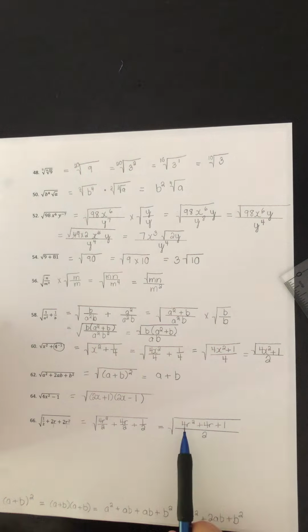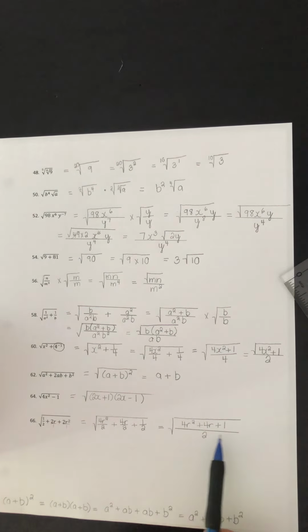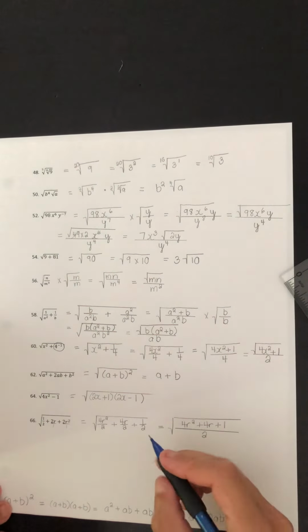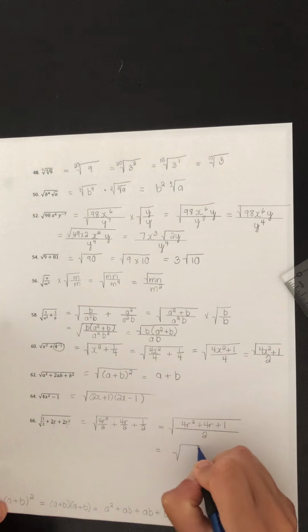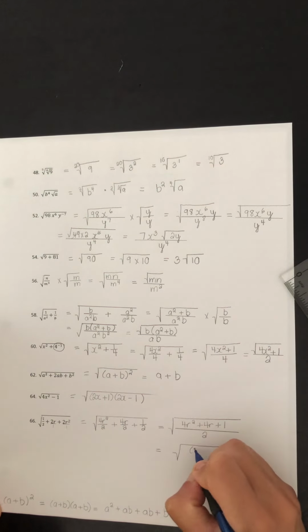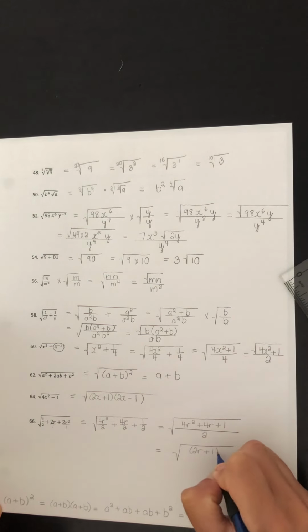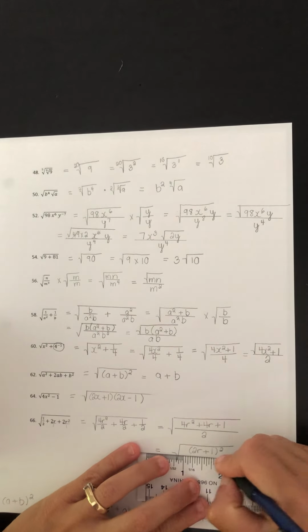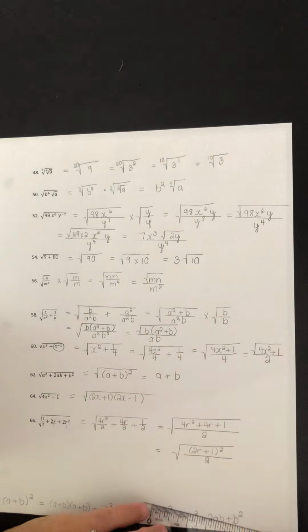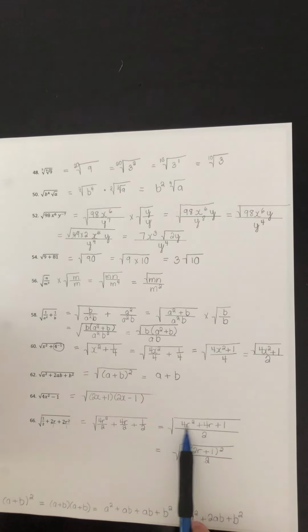Okay, now this trinomial can be factored, and it certainly is a perfect square. It is 2r plus 1 all squared. Okay, so again, hopefully you can do that factoring, no problem.